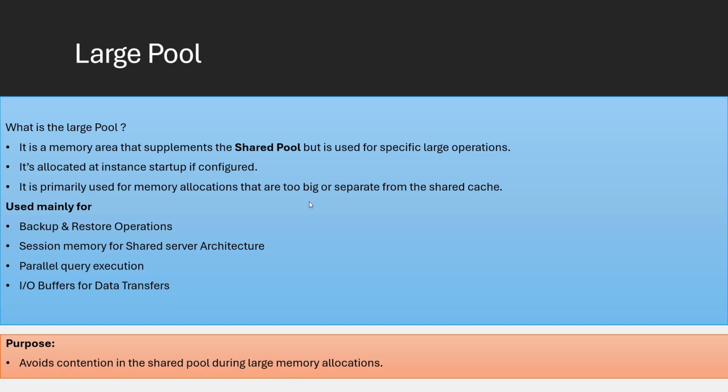So it needs to store a lot of information to restore the database, and even the backup also stores a lot of information while you're doing the backup. Not only backup and restore, it is also used when you have extensive queries, very large queries, expensive queries, which will be used by the large pool.